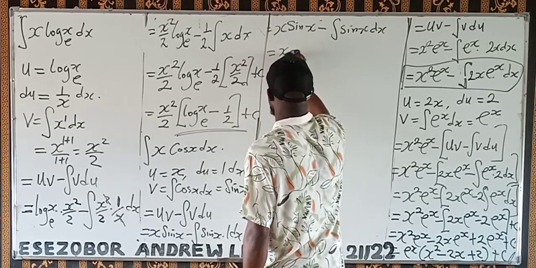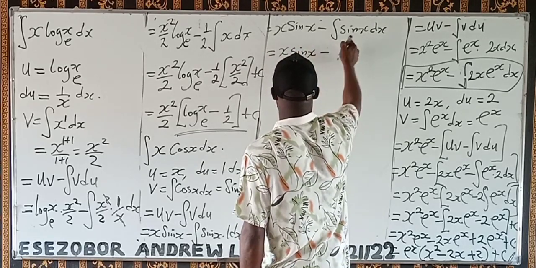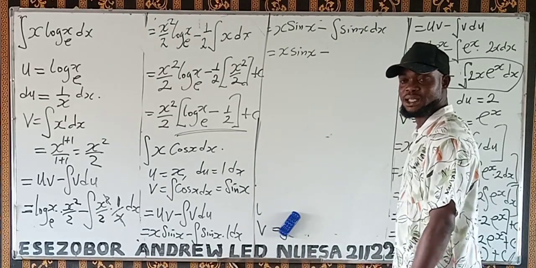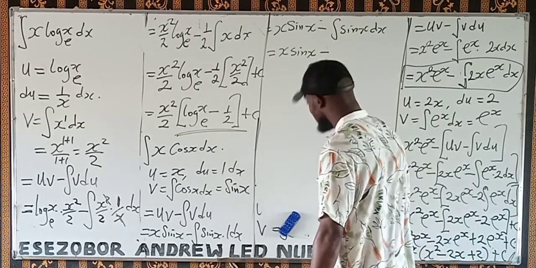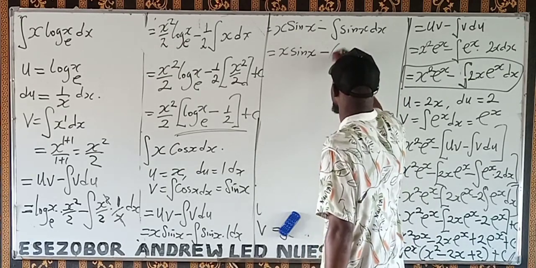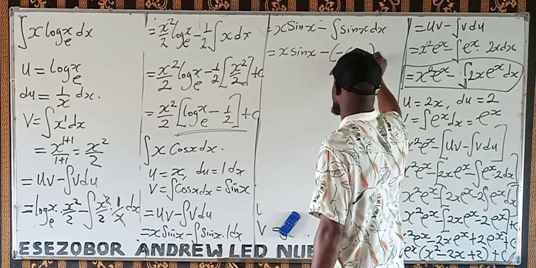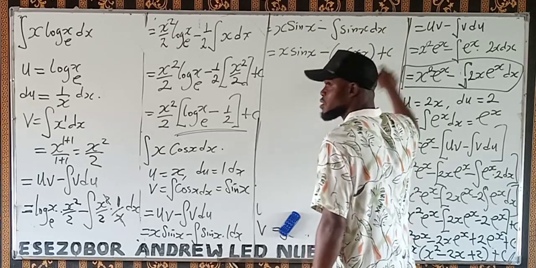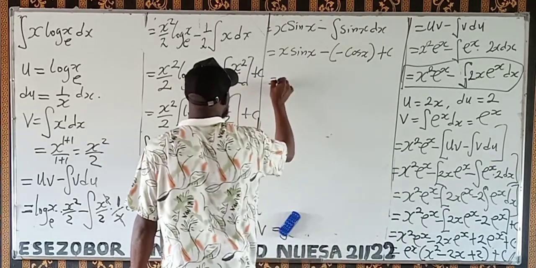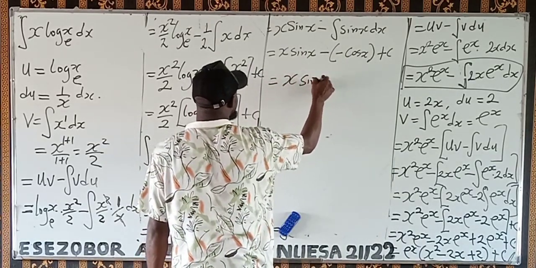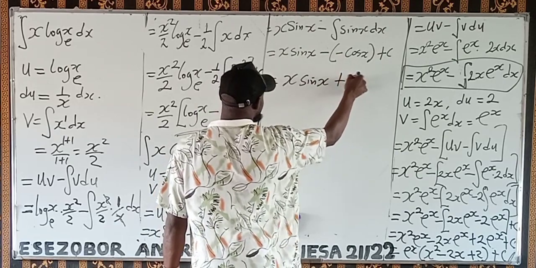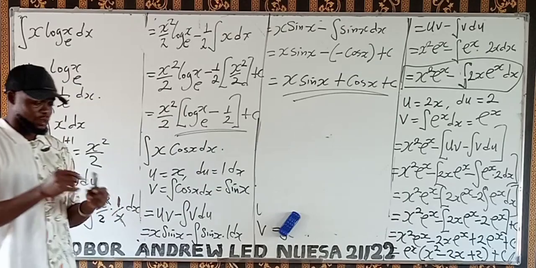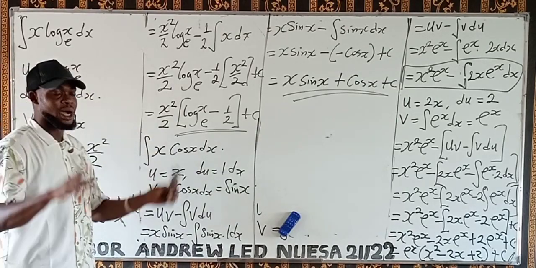If I integrate sin x dx, I'll have minus cos x plus c. So lastly, x sin x, minus times minus gives plus cos x plus c. Answer. That is what we are going to have.